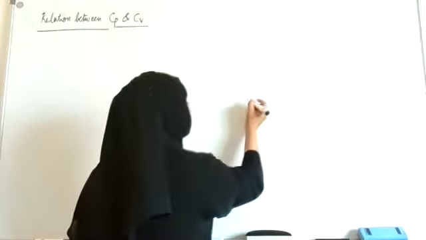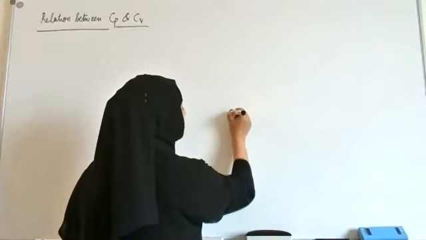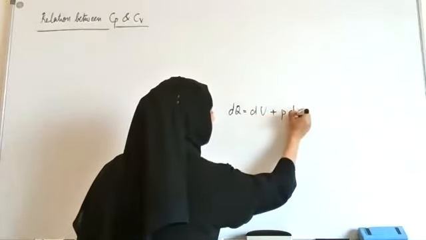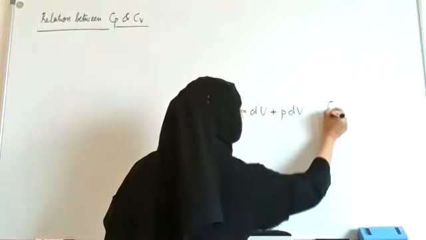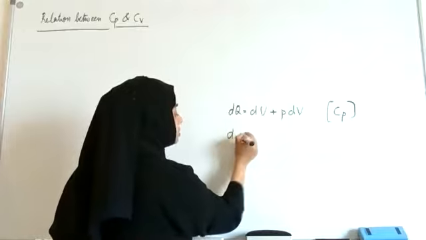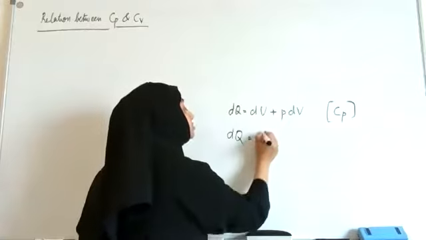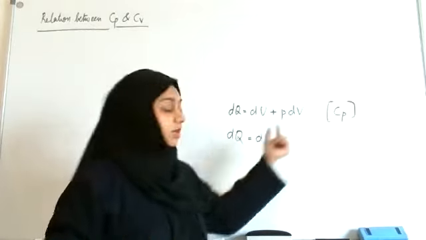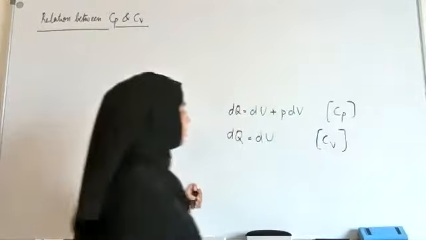At constant pressure, the first law of thermodynamics will be dQ is equal to dU plus PdV, and the molar specific heat capacity at constant pressure is Cp. And at constant volume, the equation becomes dQ is equal to just dU, because dV, the change in volume, is 0 at constant volume. So Cv is the molar specific heat at constant volume.